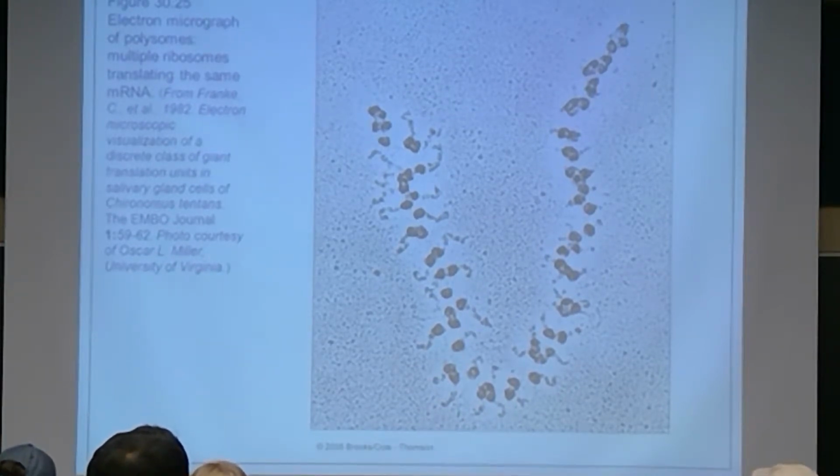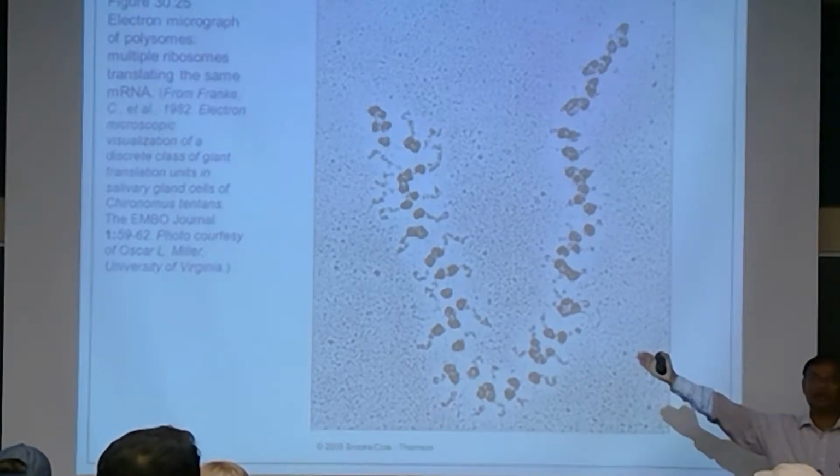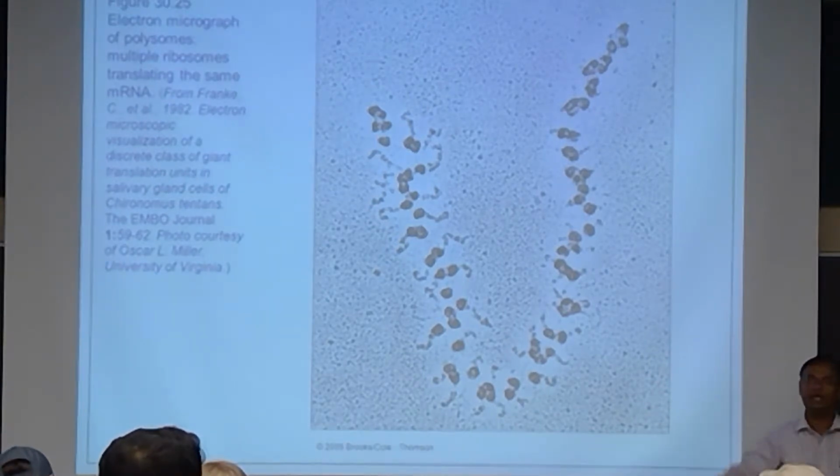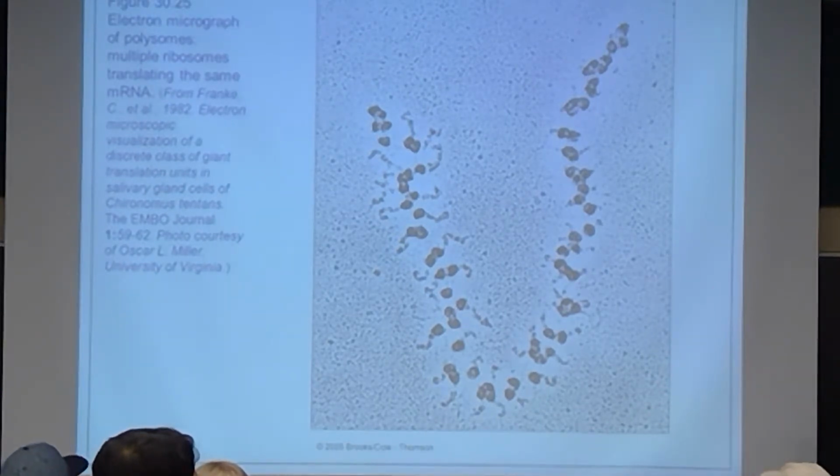Whenever an RNA is translated, a ribosome starts at the beginning and continues till the end. Does it make sense? Now, starting another round of translation does not need to wait till the end.